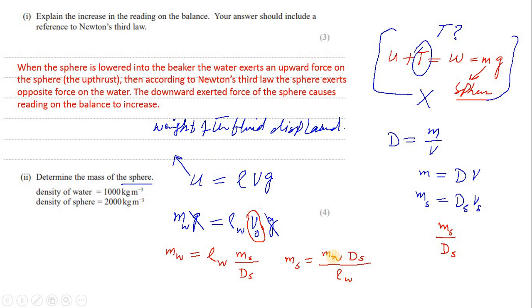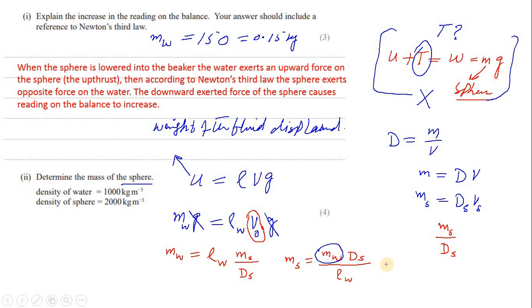What about the mass of the water? If you go back to the previous slide, there's a change in the mass on the mass balance. So if you subtract those numbers, you will get 150 gram. This is the mass of the water displaced, or 0.15 kilogram. You can use all these numbers to figure out the mass of this sphere.